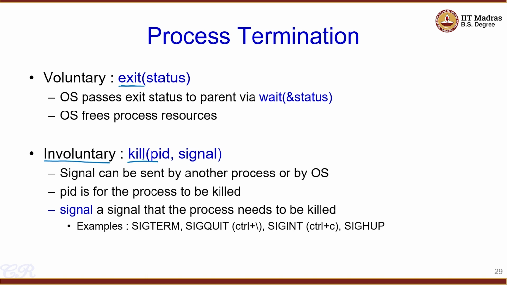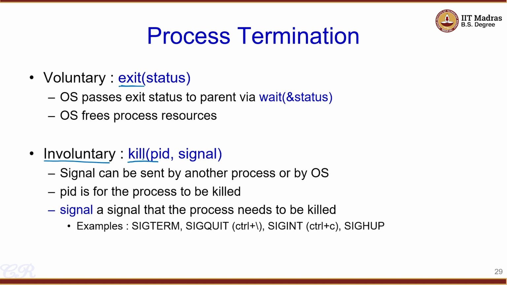So any process can exit in either of these two ways, either through the exit system call, where the child process itself invokes the exit system call, and then this would be the indication to the kernel that the child process wants to terminate, right?